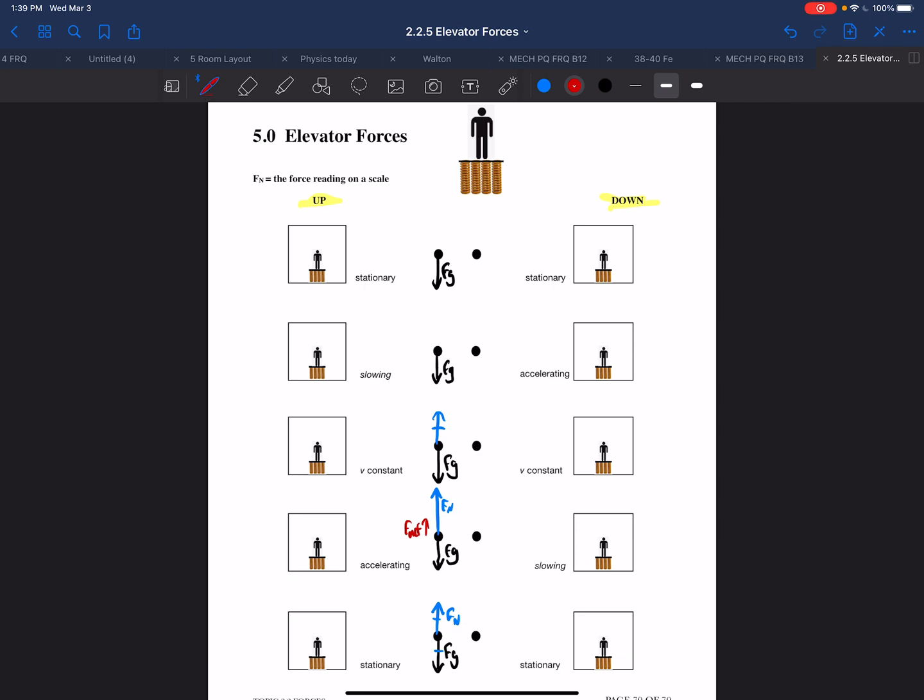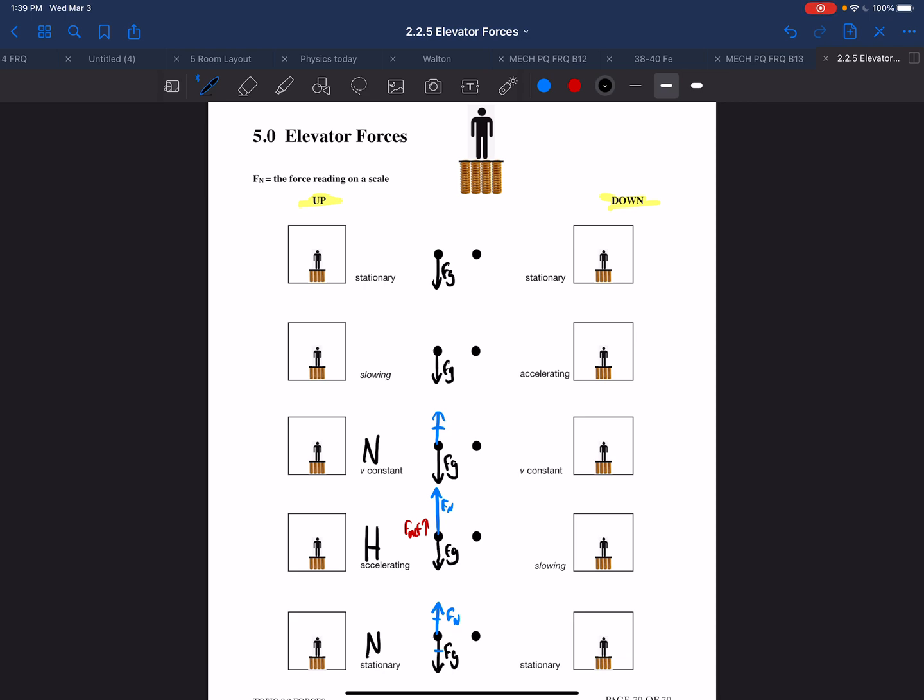So a person standing on that scale, and if we go back up to look at our scale and imagine it, what's happening is the person is standing on the scale and the bottom of the elevator moves up, which compresses the springs, makes it read heavy. So the scale reads and the person feels heavy. When they're stationary at the bottom, it's normal, and when they're at constant velocity, it's normal.